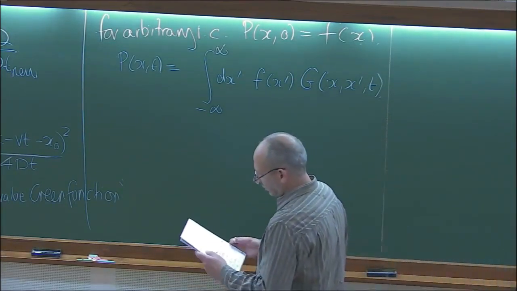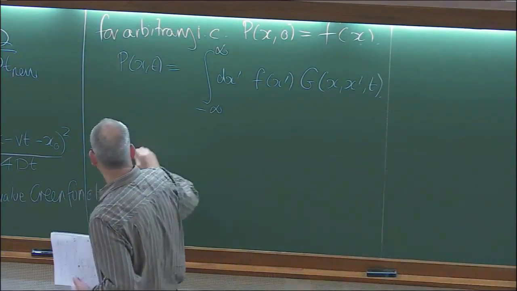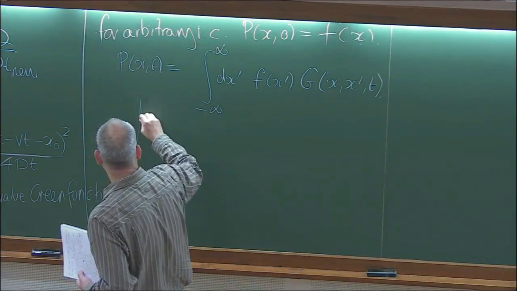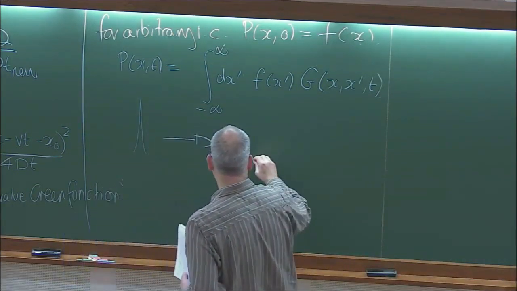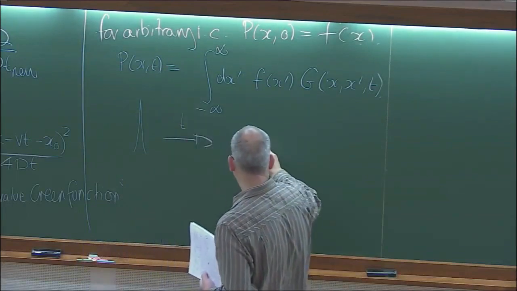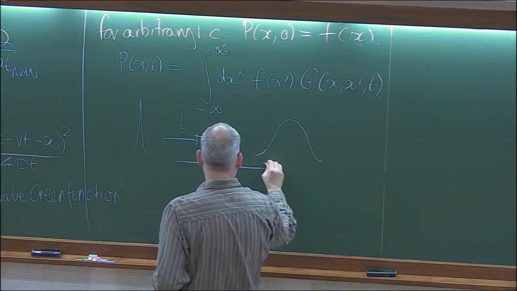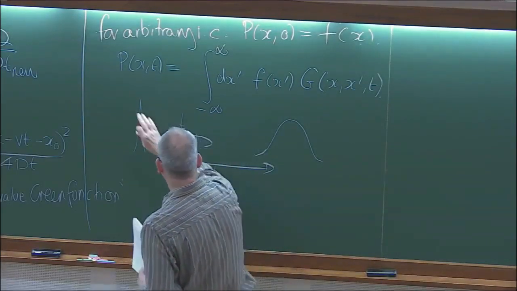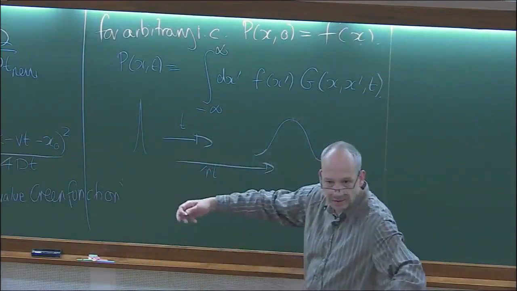Okay, so what we see, starting from a sharply peaked distribution, is that as time goes on, the center translates a distance vt, but the distribution gets fatter. And that's what we want.